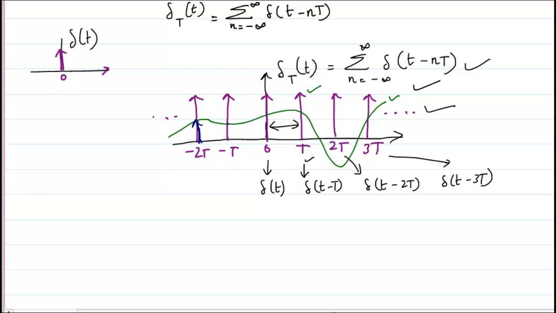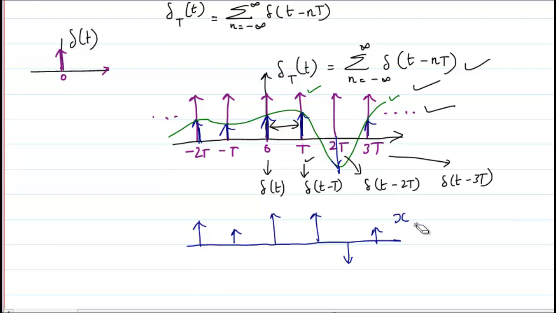So I will get a signal like this, like this, here a negative one, here a positive one. If I redraw it, it will look something like this, with a negative here and some positive here.